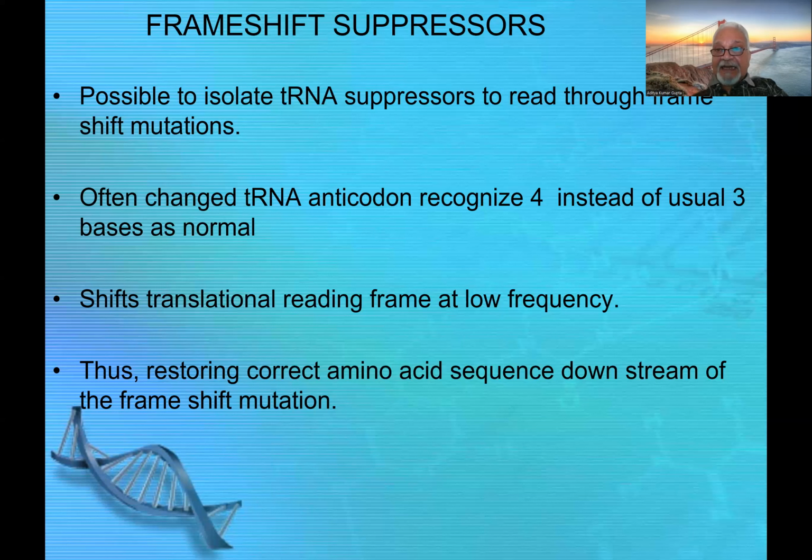This is the kind of informational suppression that occurs of the original mutation, and it brings about the resumption of wild type phenotype.